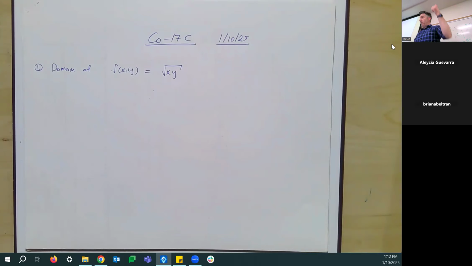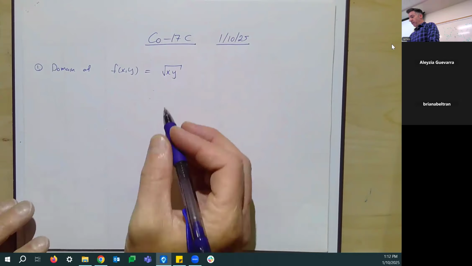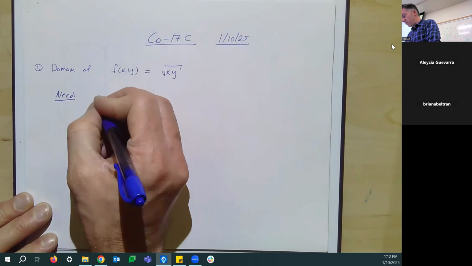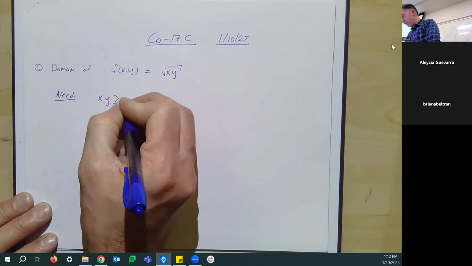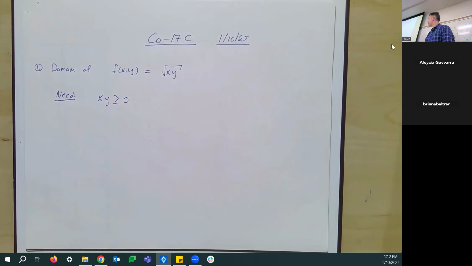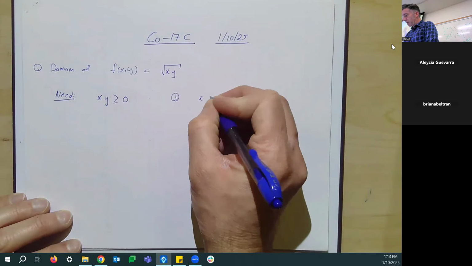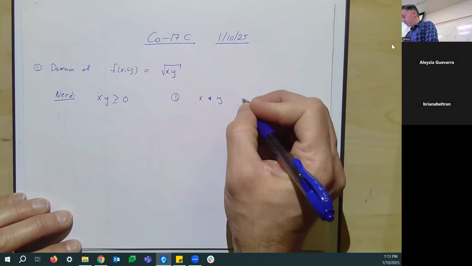So we're going to start saying, well, I have a square root. I don't have any quotients. I don't have any logarithms, but I definitely need the inside of the root to be non-negative. I don't feel like there's really a good way to do this other than to think about what we can have. Certainly one option is that x and y are both positive.